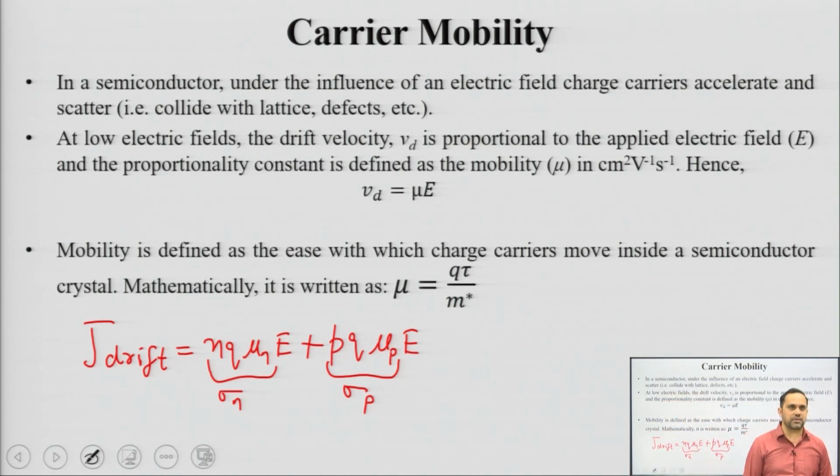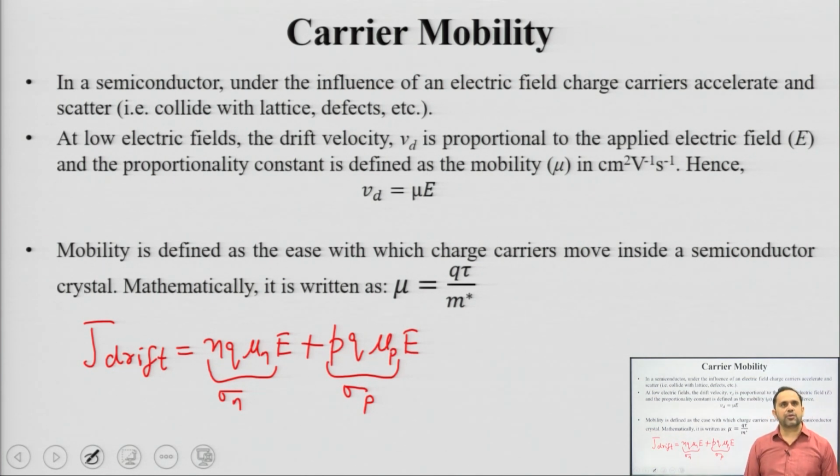So, it depends upon carrier concentration, charge as well as the mobility. Concentration you can control via doping. Once you have done the doping, you do not have much control on n and p, the carrier concentration. Another material parameter which affects the current density inside the semiconductor is the carrier mobility.